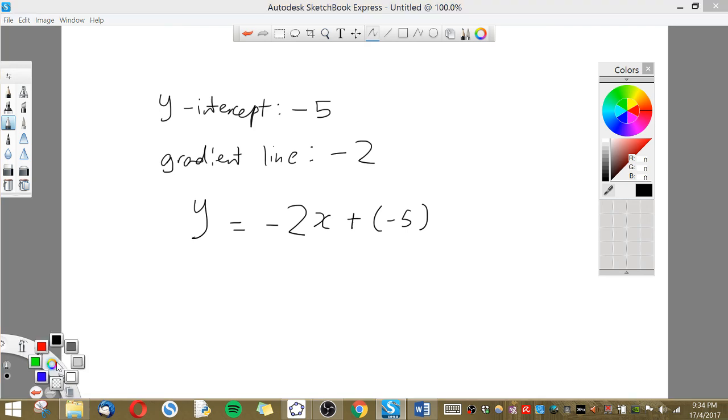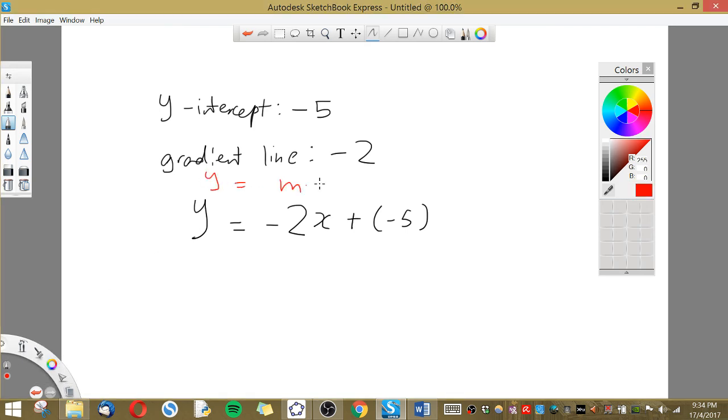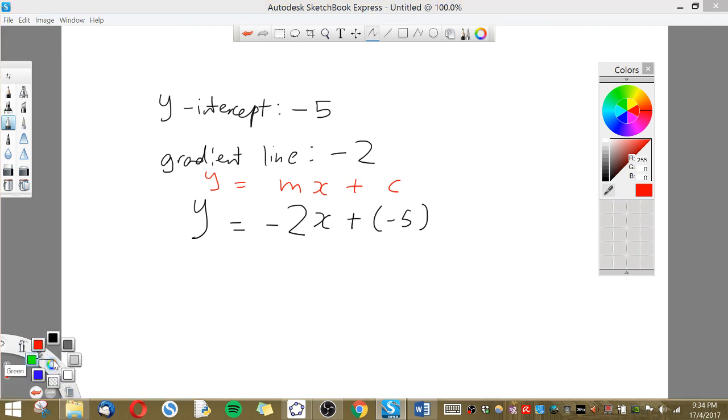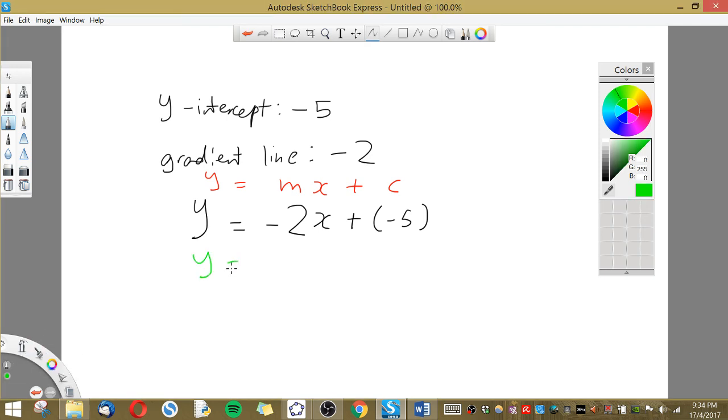Maybe I'll write it down in another color. In this case, my m is -2 and my c is -5. If we were to simplify it, we would just write y equals -2x minus 5.